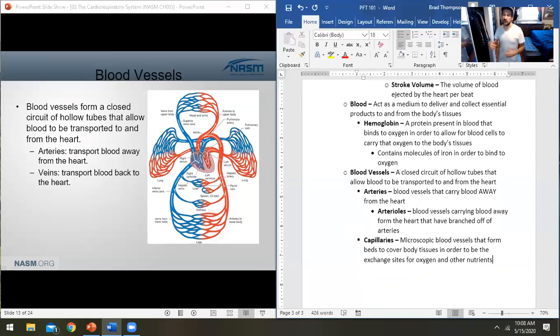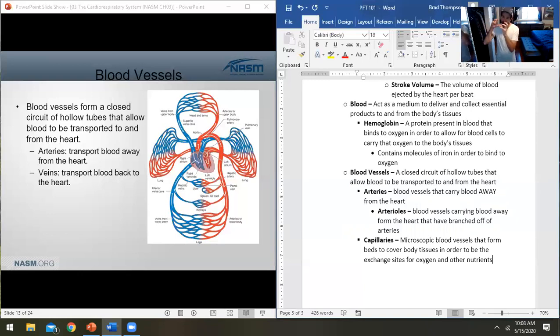So basically, you've got arteries, right? Your arteries are really large, and then they'll break into two. Now they're a little smaller. They'll break into two. They're even smaller. They'll break and break and break until they are really tiny, microscopic tiny.